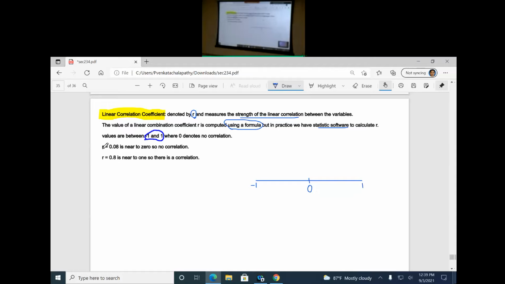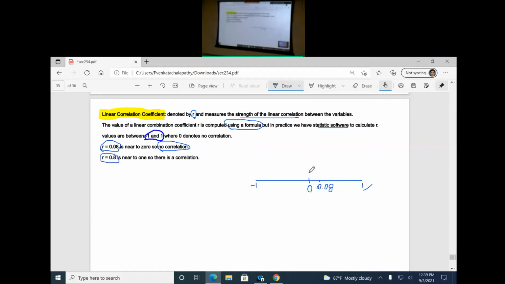Now if I have a value r equal to 0.08, which is somewhere near here, very close to 0, I say that there is no correlation. Now I have a value r equal to 0.8, which is very close to 1, right? So if it is very close to 1, then I say there is a correlation.